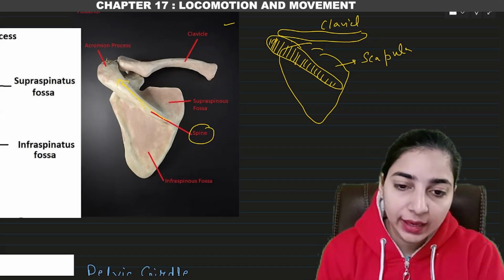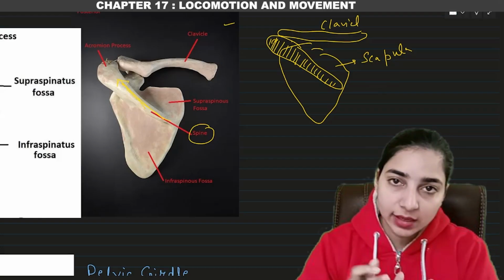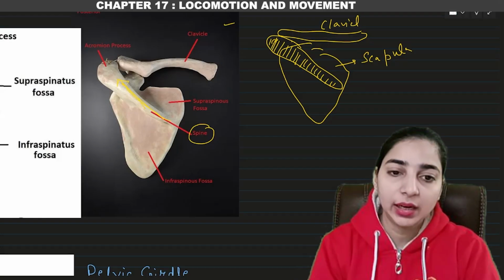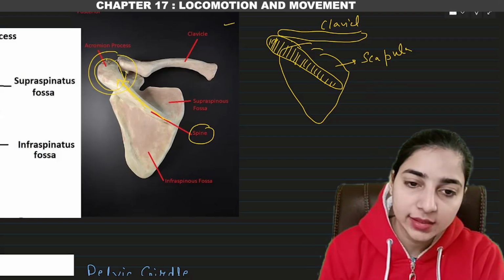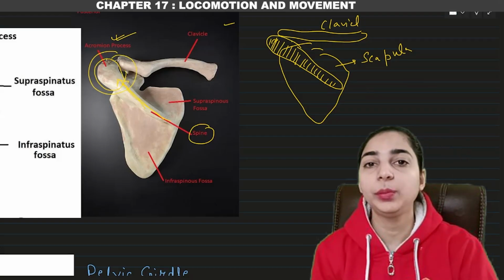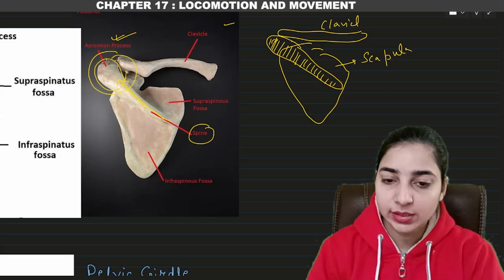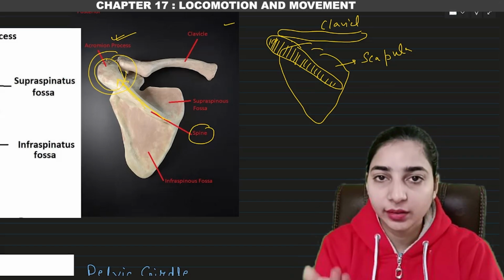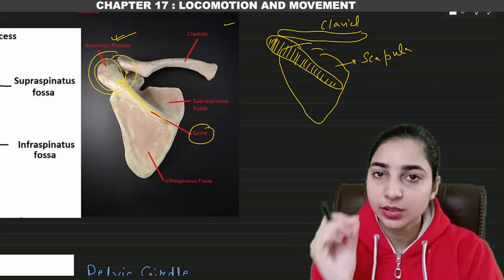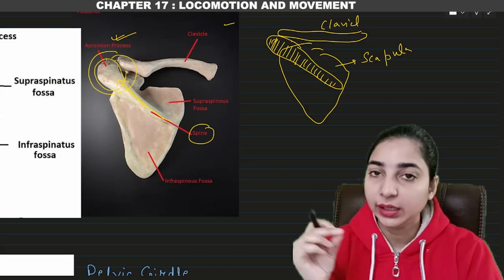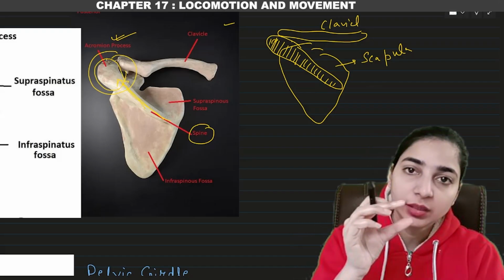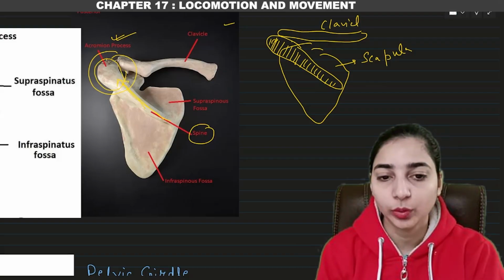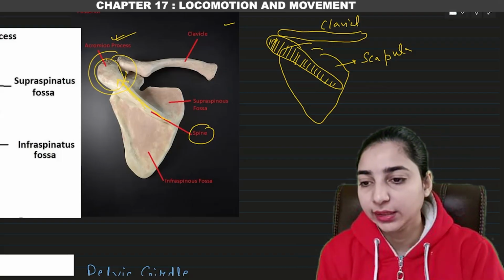Okay, so this spine continues as a wider or expanded part, and this expanded part of the spine here is known as acromion or acromion process. Okay, so this elevated ridge on the scapula is known as spine. This spine continues as an expanded process known as acromion. Okay, so the shape of the spine is like this.